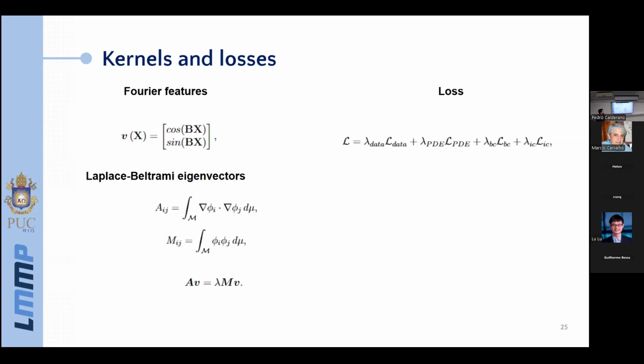Well, about the losses, in here I'm showing an entire physics-informed neural network loss. I have results of three different neural networks. Two of them consider only data loss, and one of them considers the entire physics-informed loss, with data loss, partial differential equation loss, and boundary and initial conditions as well.